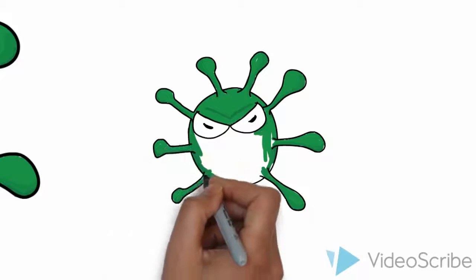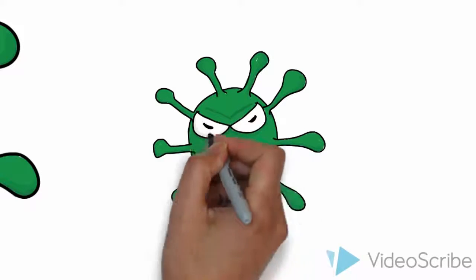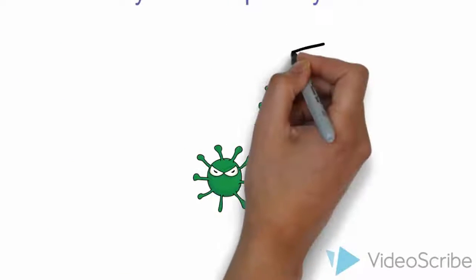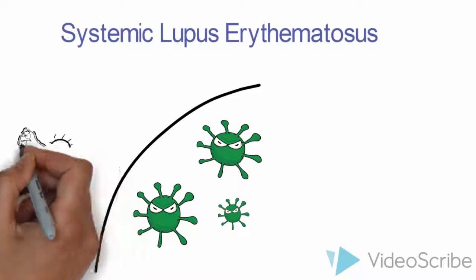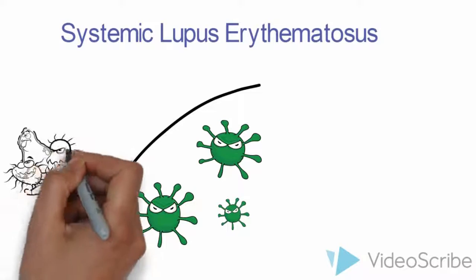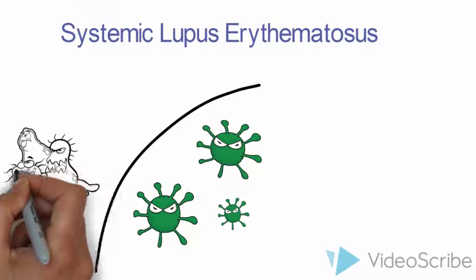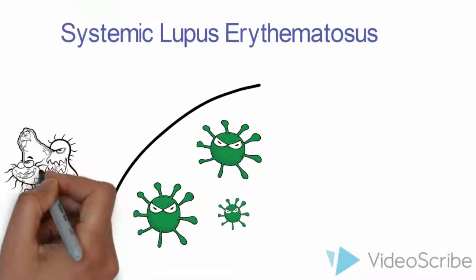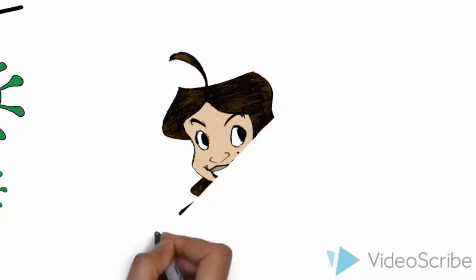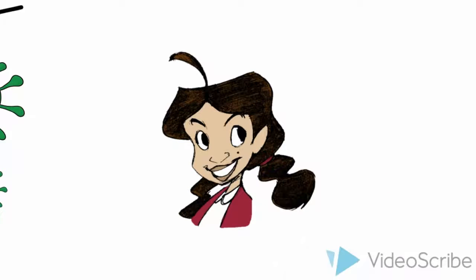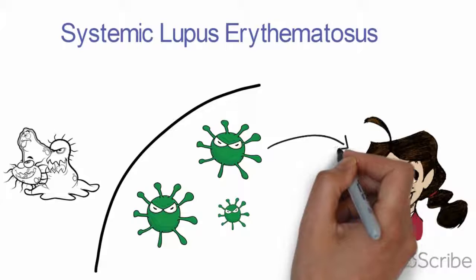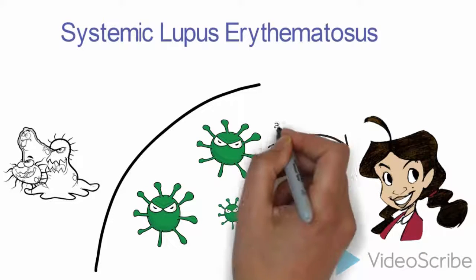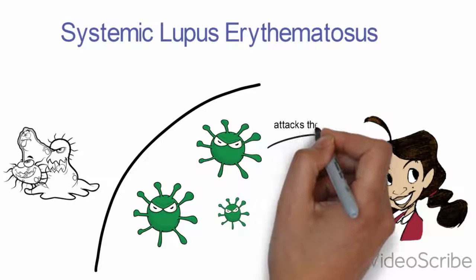And we know that our immune system protects the tissues from invaders. But lupus being an autoimmune disease means that the immune cells start to attack the very tissue that they're supposed to protect. So basically, instead of our immune system protecting us from invaders, they start to attack our own cells or our own tissues.